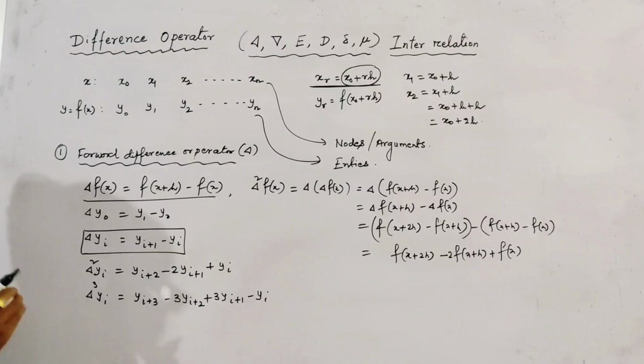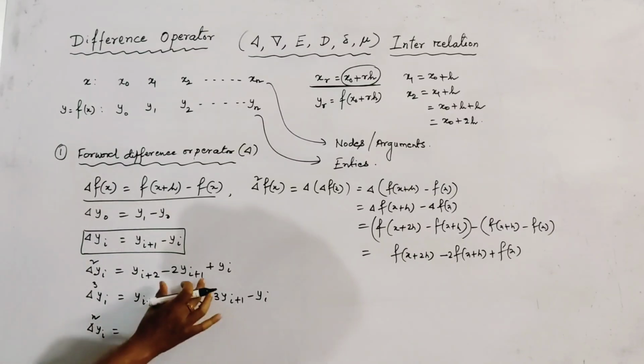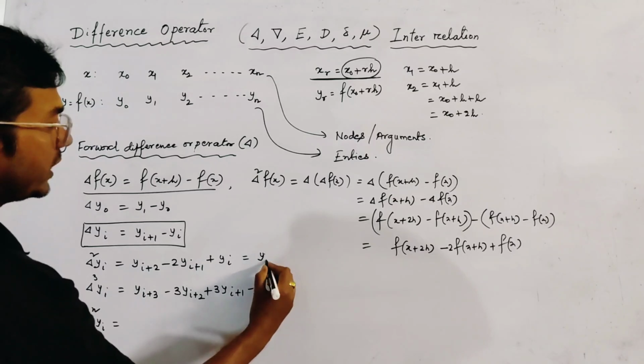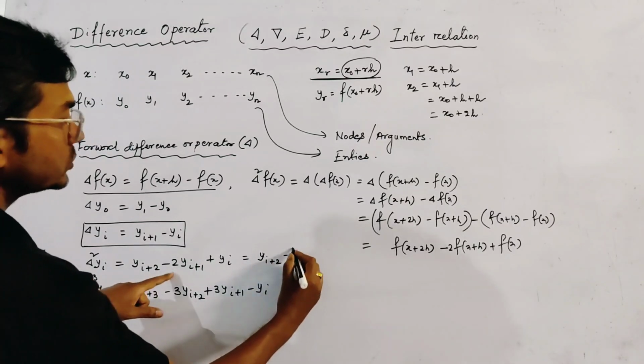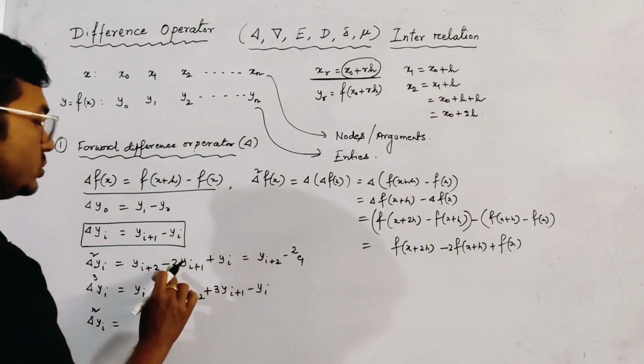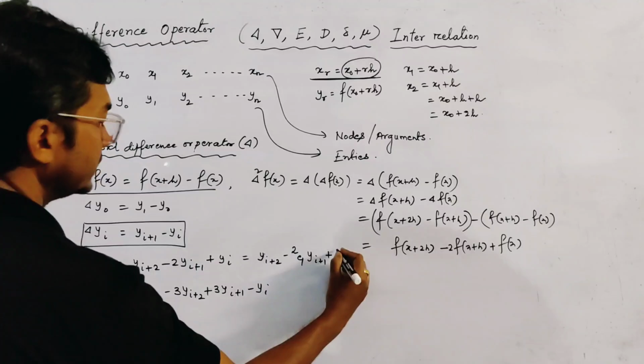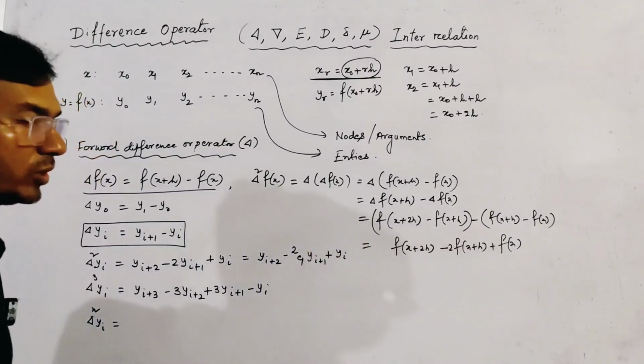Similarly, if we define the nth order forward difference operator, delta to the power n yi, let us first write the second order: yi plus 2 minus 2c1, because 2c1 means 2, into yi plus 1 plus yi.